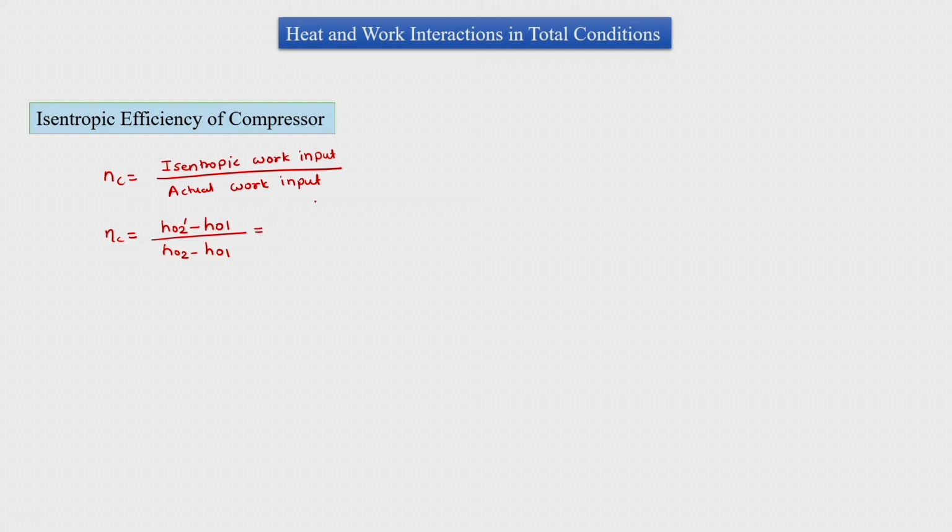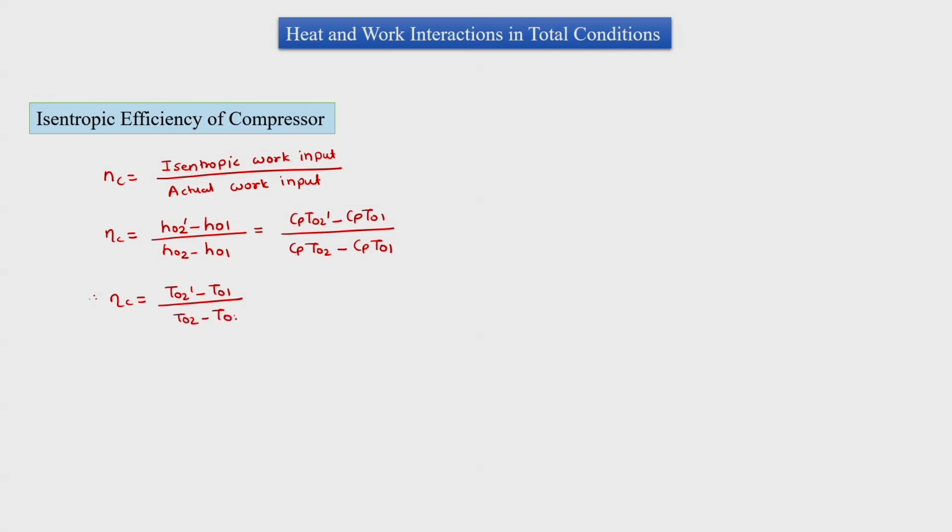Now, we will consider calorically perfect gas. So, Cp can be used to represent enthalpy. So, Cp into T naught 2 dash minus Cp into T naught 1 divided by Cp into T naught 2 minus Cp into T naught 1. So, compressor efficiency is T naught 2 dash minus T naught 1 divided by T naught 2 minus T naught 1.